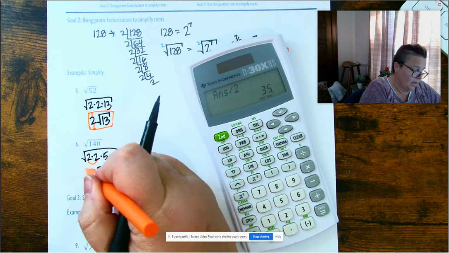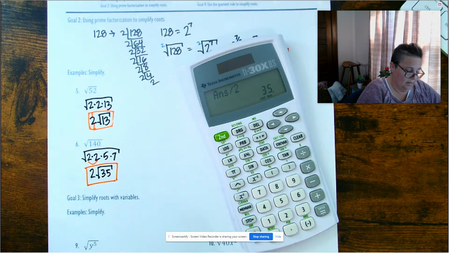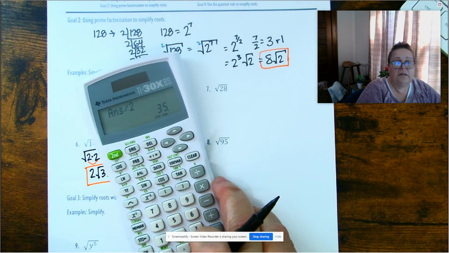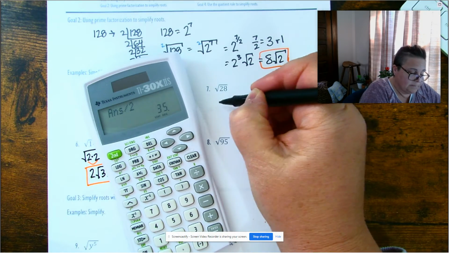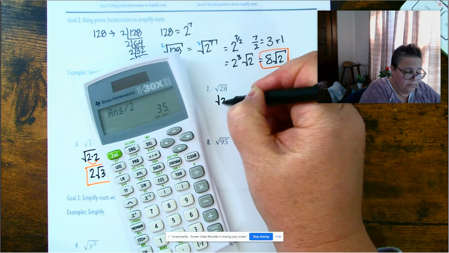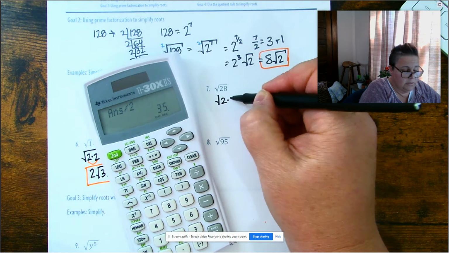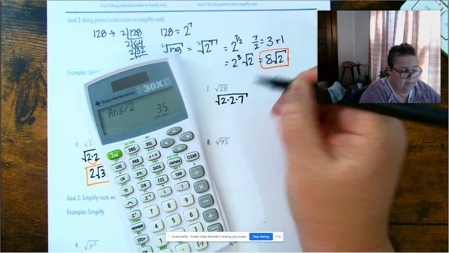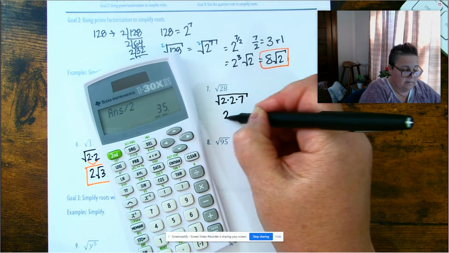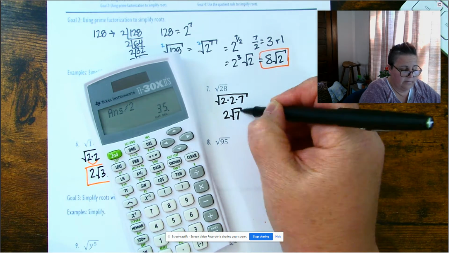Because we would multiply that 5 and 7 back. If I'm doing the square root of 28, this would be the square root of 2 times 14, which is 2 times 7. So 2 2's mean a single 2 can come out, square root of 7.